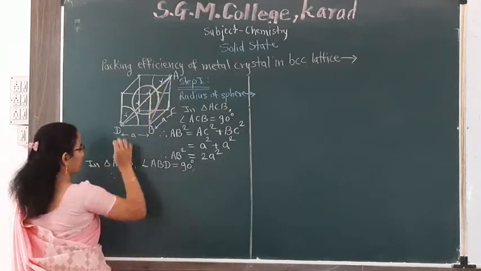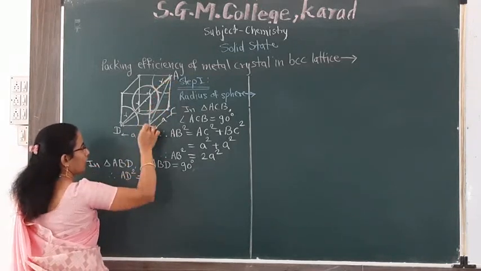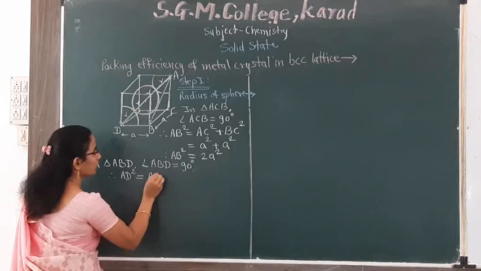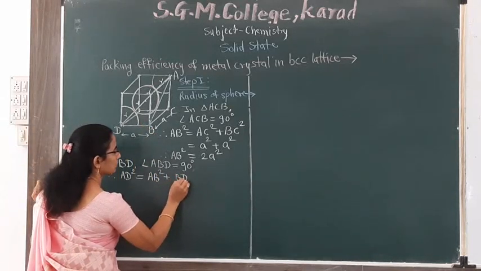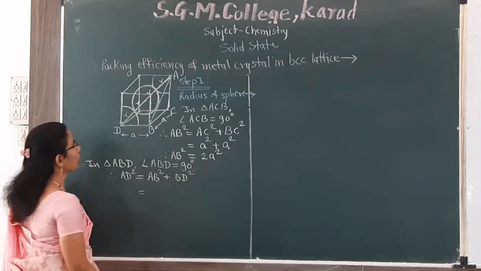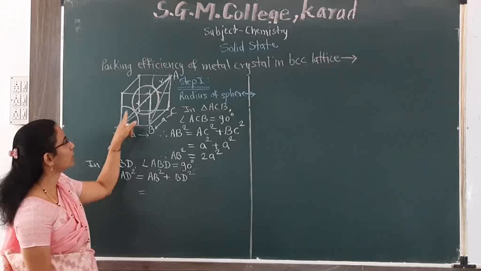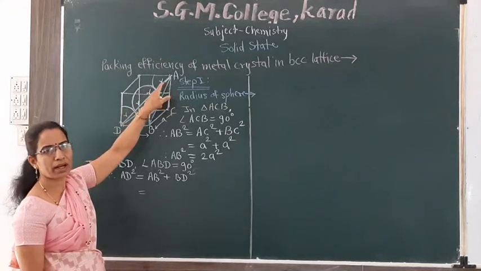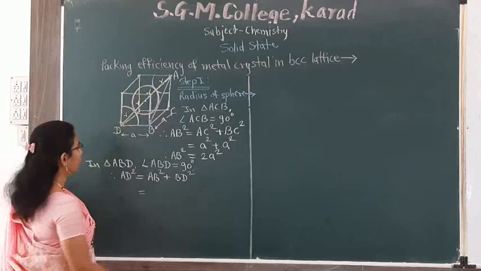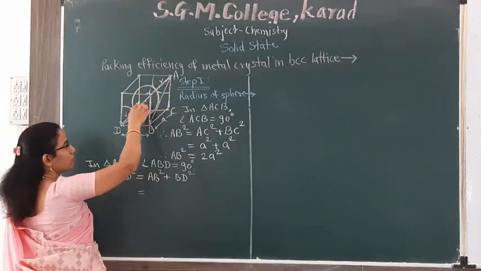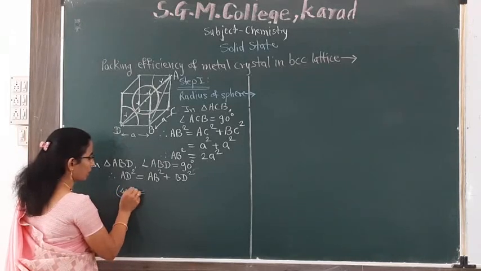According to this theorem, AD square is equal to AB square plus BD square. Now, what is AD? It is the sum of radii of all these particles. So r plus r plus r plus r, it will become 4r.